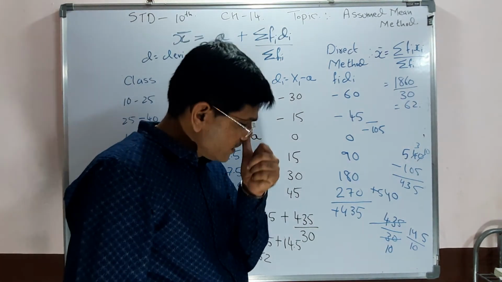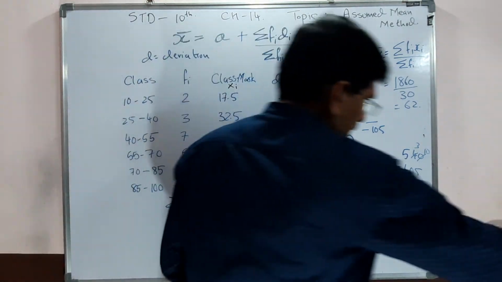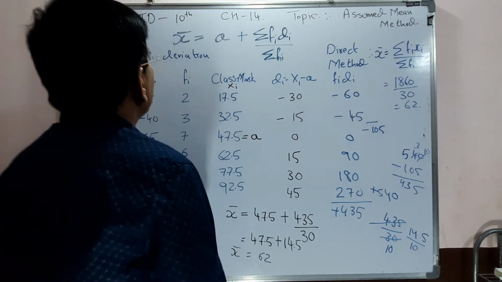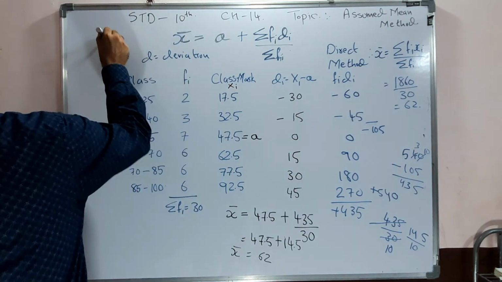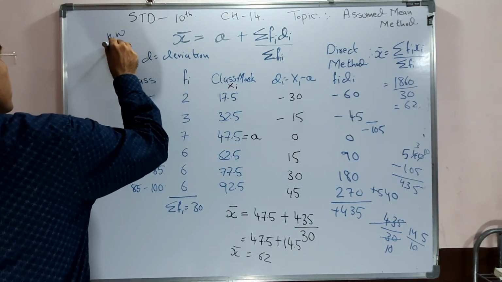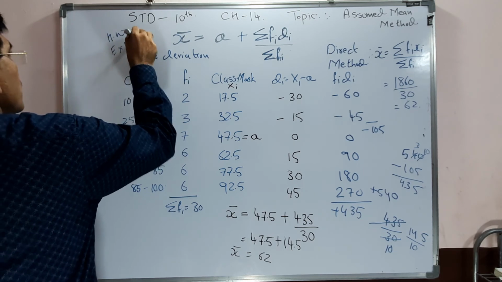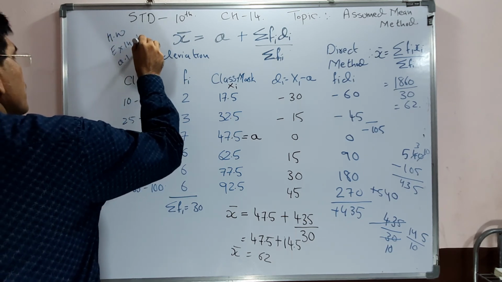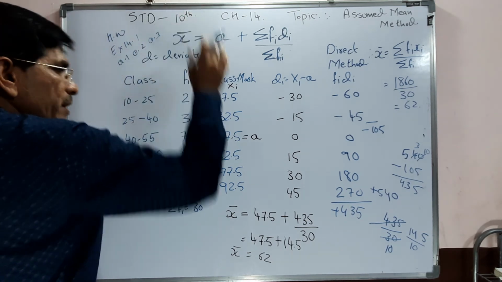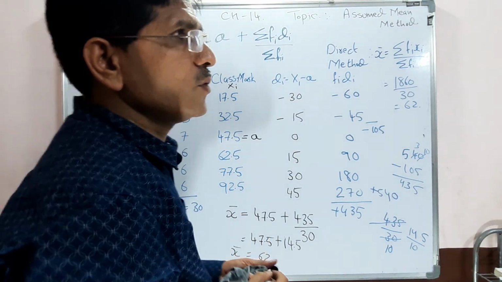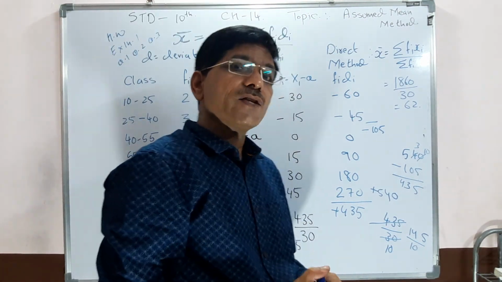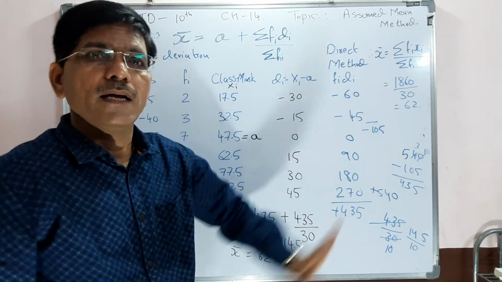Now again homework: exercise 14.1, question number 1, question number 2 and question number 3. Do it by the assumed mean method. You will get the same answer as you already got with the direct method.